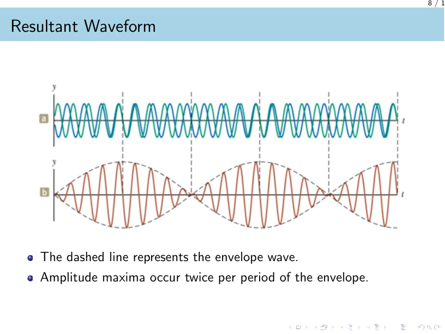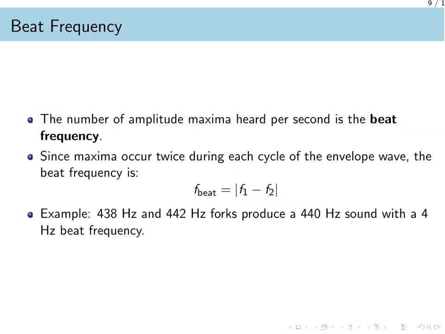The amplitude of the sound reaches a maximum twice during every single period of this envelope wave. This illustrates why the pulsing sound we hear is directly tied to the way the two original waves move in and out of phase. The beat frequency is the number of amplitude maxima, or loud pulses, heard every second.